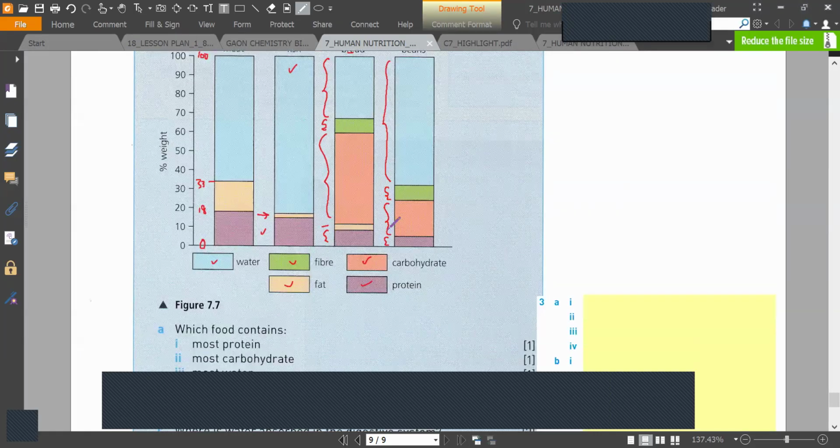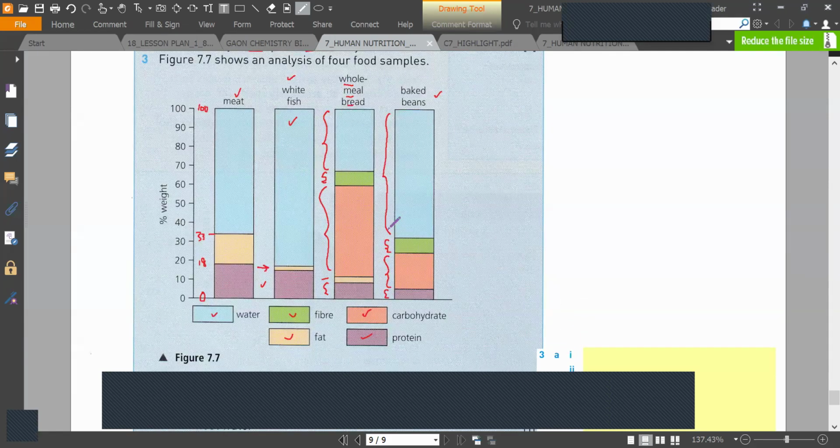Next, which food contains the most protein? We can see that the one that has the most protein is the meat.